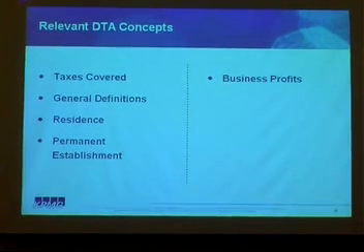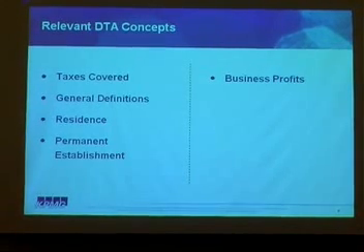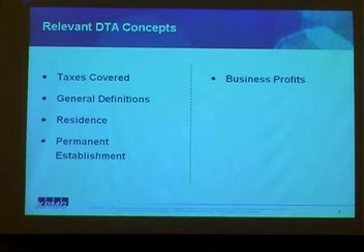Permanent establishment, as I mentioned at the start, is linked with business profits, because typically the way a double taxation agreement works in relation to business profits is that it says that the income or profits of an enterprise of one of the contracting states shall not be taxed in the other contracting state unless there is a permanent establishment in that other contracting state.